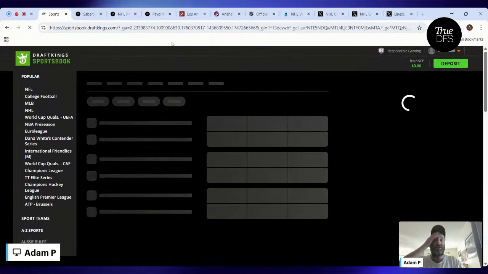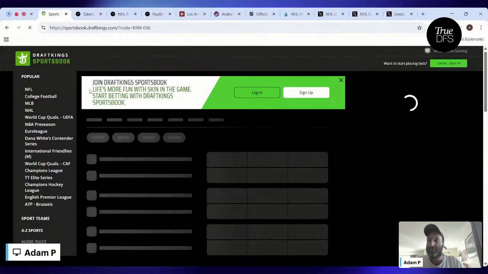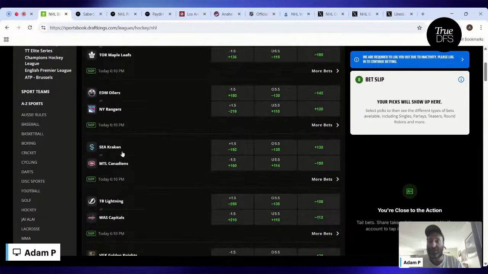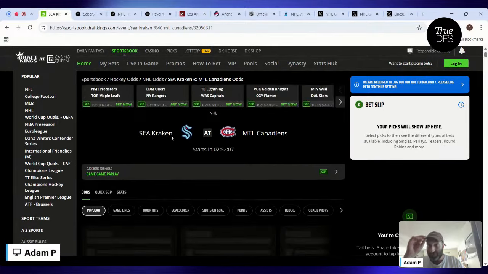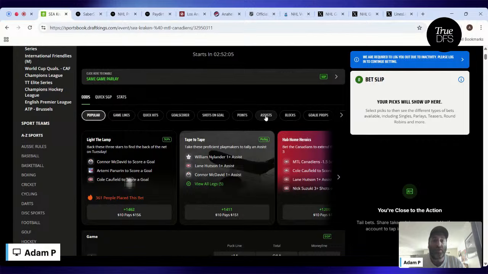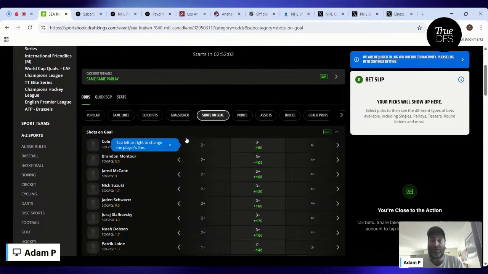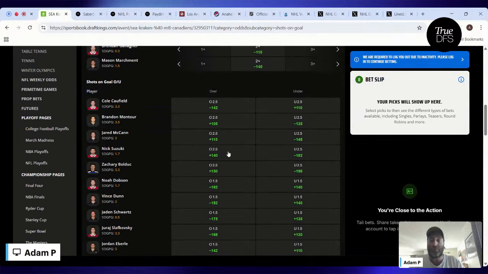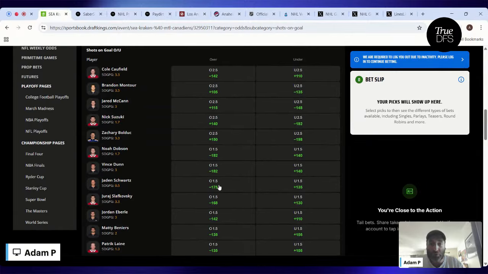Let's see what it is at DraftKings. This would be our top edge as far as I can see it. Shots on goal, Seattle. Jaden Schwartz, 1.5, 135.